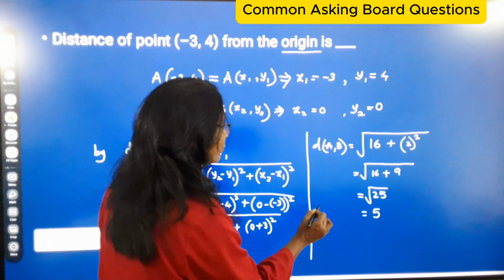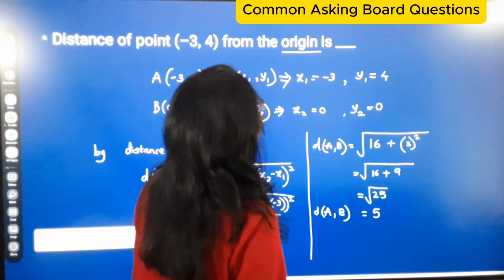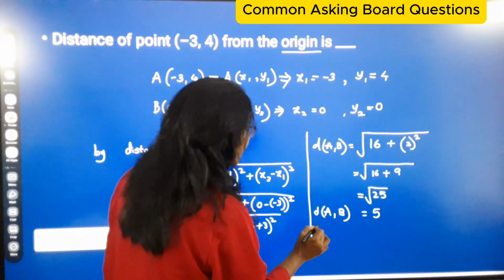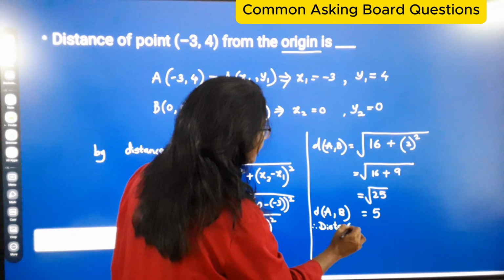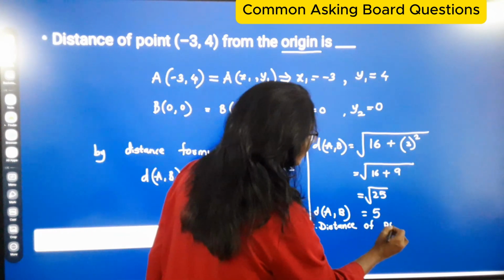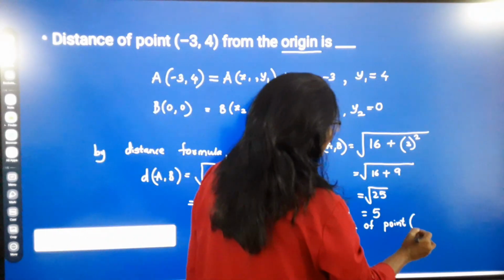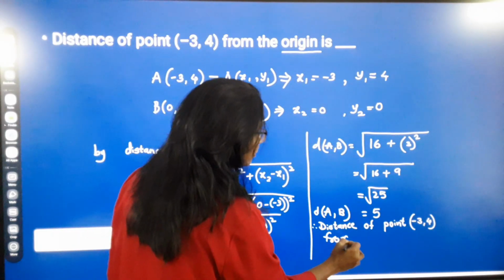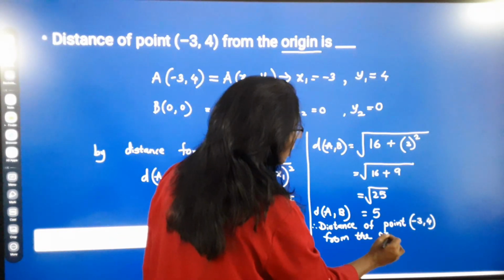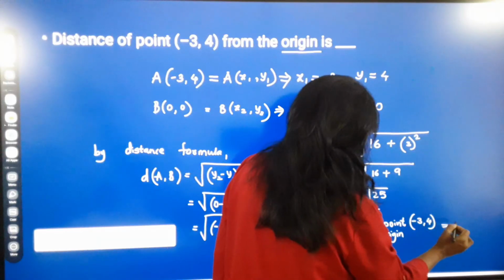So the distance from A to B is equal to 5. Therefore, the distance of the point minus 3, 4 from the origin is equal to 5.